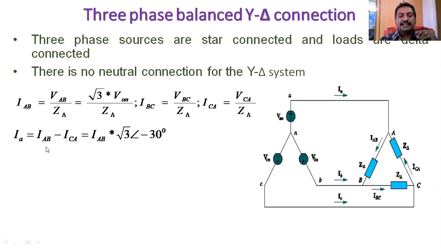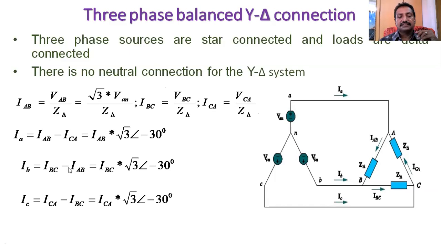Next, line currents. We know that already as per KCL, Kirchhoff current law, entering current and leaving current relation, IA is equal to IAB minus ICA. IB is equal to IBC minus IAB, already we learned in the earlier case. Also, this is the line current equal to root 3 times the phase current. So therefore, in case of delta connection, root 3 times IAB, also root 3 times IBC, but lagging an angle 30 degrees.